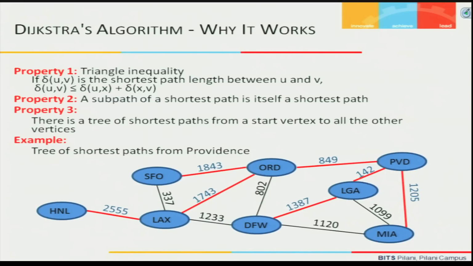We can also easily show that the shortest path is actually a tree from the start vertex to all other vertices. Put together, these properties allow us to prove that Dijkstra's algorithm precisely gives us the shortest path from a source to all destinations.